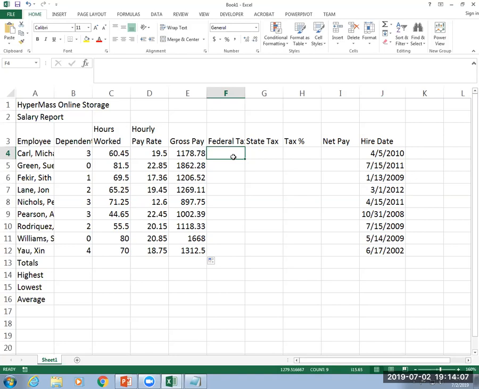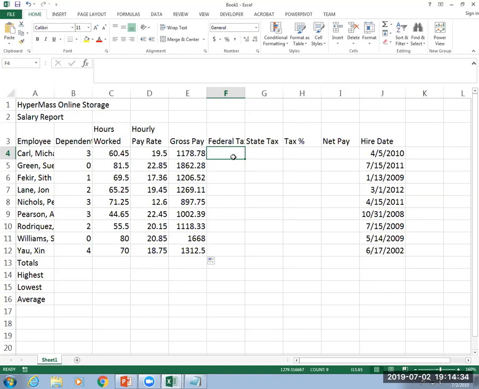All right. So if you're typing something else, I want you to stop and go to F4, because F4 is where we are going to calculate the federal tax. Even if you have wrong things everywhere else, I want you to make sure that you got the federal tax correct, because it's important for this assignment.